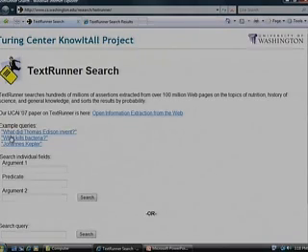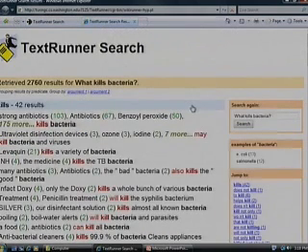So you can ask it questions like "what kills bacteria," and the answers you get back look something like this. So you can see TextRunner identifies essentially noun-verb-noun triples that share a relationship. So these are all the things that share the relationship "kill" with the noun "bacteria." And so antibiotics and benzoyl peroxide and so on are examples.